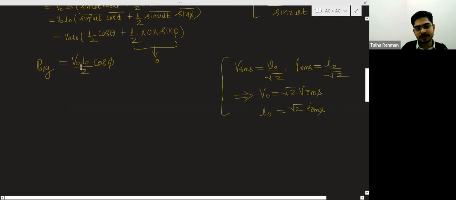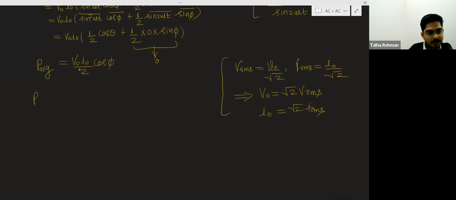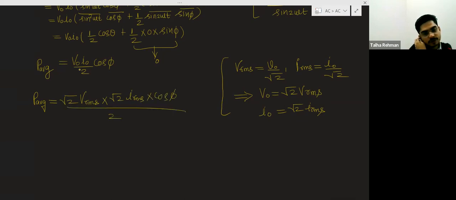Now put the values of VRMS and IRMS here. So the average power is equal to V naught, which is root 2 times VRMS, multiplied by I naught, which is root 2 times IRMS, into cos phi, this whole divided by 2.